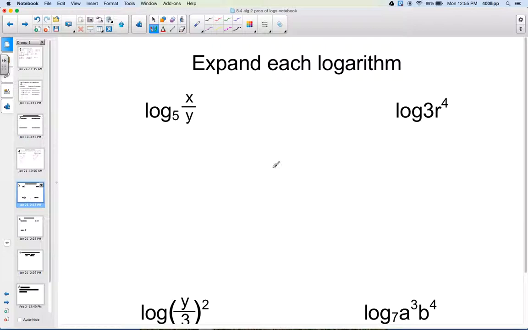Moving on to expanding each log. So here we're dividing them, so we'll subtract the logs, log base 5 of x minus log base 5 of y.